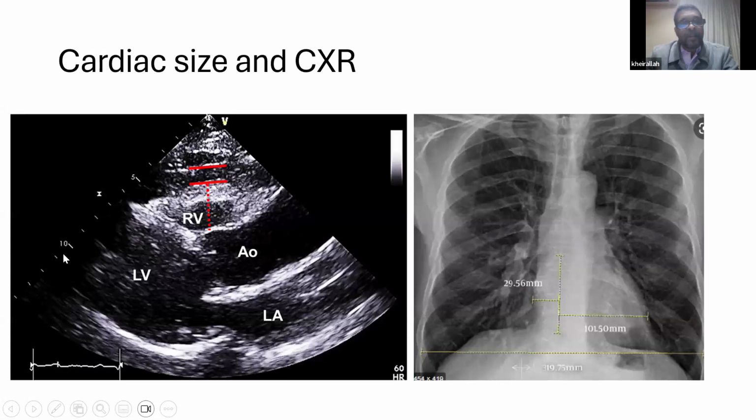The first thing is cardiac size and chest X-ray. This is how we evaluate cardiac size in chest X-ray, by the cardiothoracic ratio. Probably you have had referrals from primary care or internal medicine upon a chest X-ray showing cardiomegaly, and when you do the echo, there is no cardiomegaly. Again, as I probably alluded to in a former session, the heart we see in the chest X-ray is all of this, starting from here.